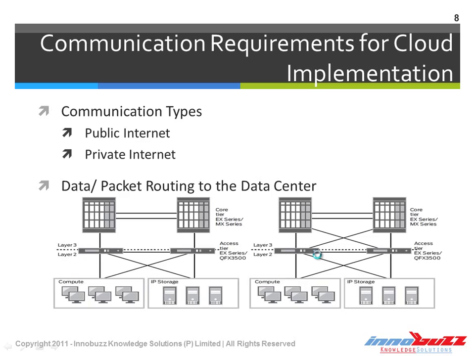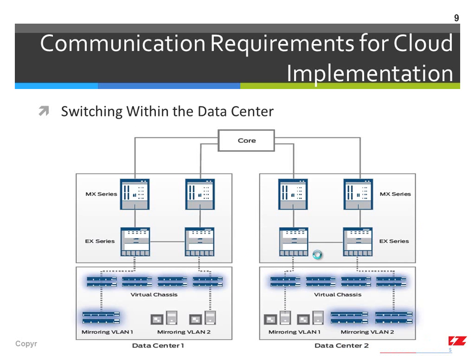And now let's take a look at the switching within the data center. In the data center, we use manageable switches to manage this communication, and the major technologies that we use in data center switching are VLANs, virtual LANs, and security zones.